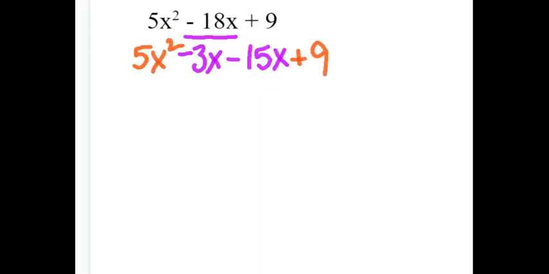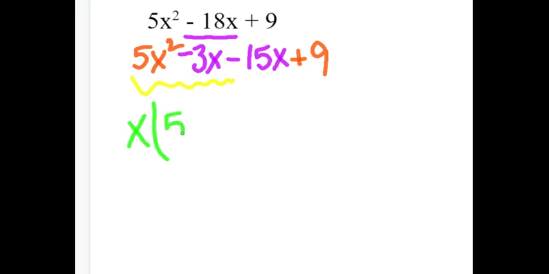Now we're going to just take a look at the first expression, which is 5x squared minus 3x. That's the only one I'm looking at. So greatest common factor, nothing with the 5 and the 3, but with the x squared and the x, we do have a greatest common factor of x. So then, x times what is 5x squared?